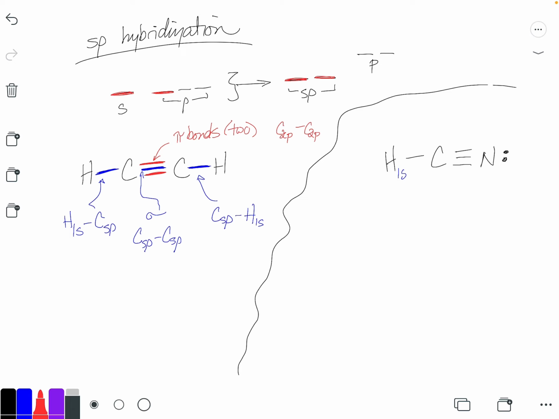Well, for carbon, I have a single bond and a triple bond. That's 2 groups. So that's going to tell me that carbon is sp hybridized. I only need 2 hybrid orbitals here, sp. What about nitrogen? Well, nitrogen has a lone pair of electrons over there and a triple bond over there. So again, 2 electron groups gives me sp hybridization.